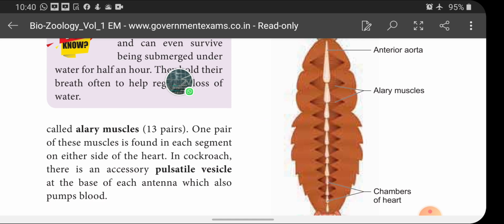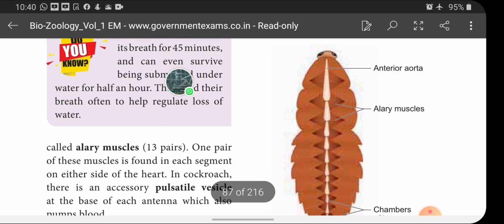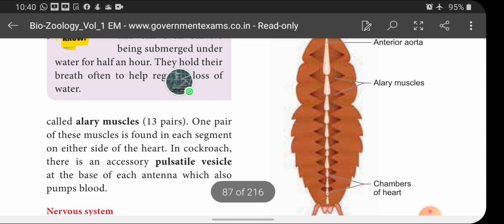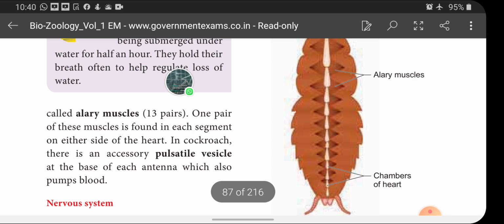Alary muscles, as shown in the macrograph. You can see the structure of the heart. You see, children, there are 13 chambers. The pale colored tubular structure is called the heart. If you count the chambers of the heart, there are 13. On either side of the chambers you can see triangular muscles, which are called alary muscles.